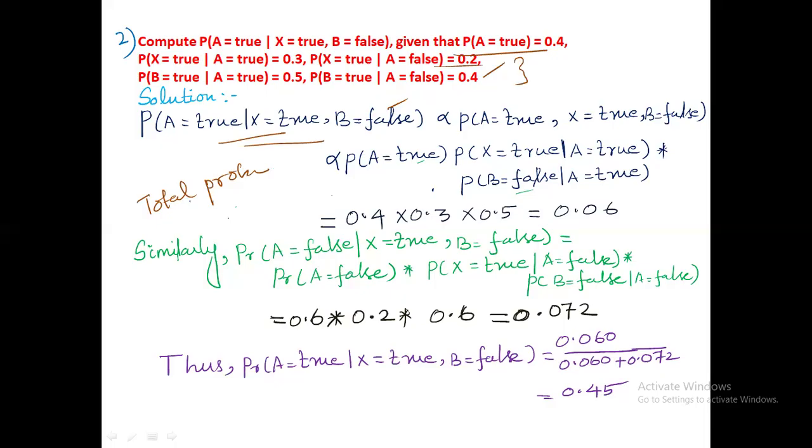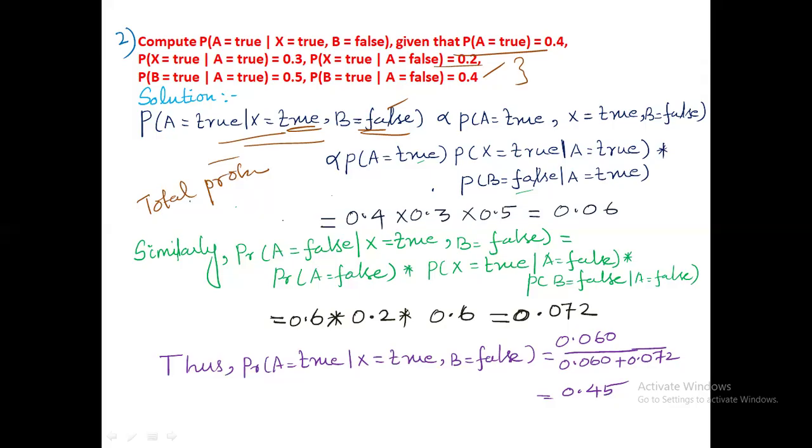Given the probabilities of A, X and B, we break the problem down step by step, considering the dependencies between variables. Since X and B are conditionally independent given A, we can express this joint probability in terms of conditional probability. By applying these principles, we can determine the likelihood of A being true when we observe that X is true and B is false.